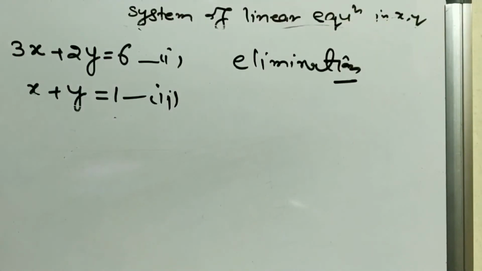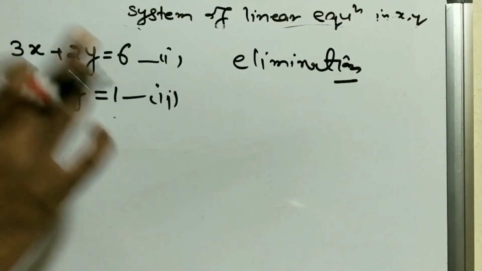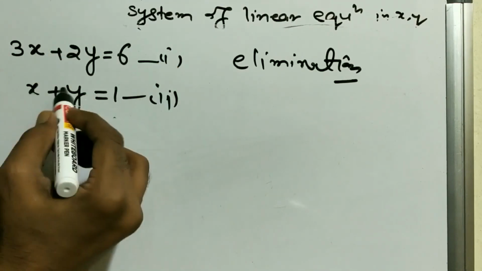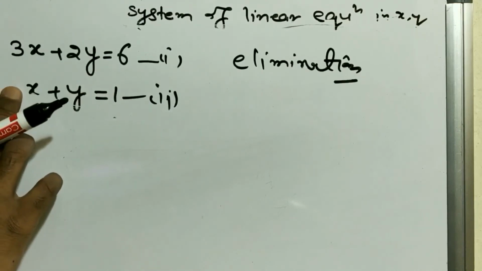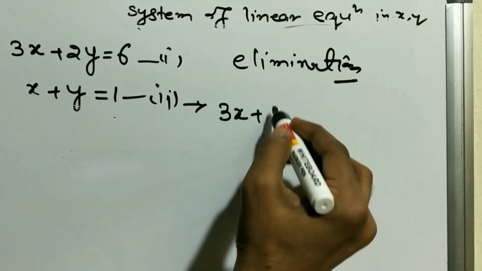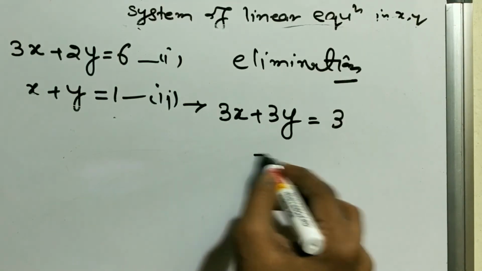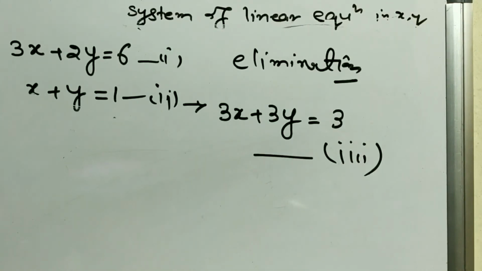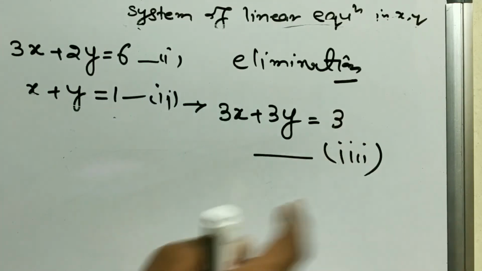Friends, for solving the same set of linear equations by the elimination method, we will equate the coefficient of any one variable at a time. For example, the coefficient of x in the second equation is 1. So we multiply this equation by 3. It becomes 3x plus 3y is equal to 3. Now we can see that the coefficients of x in equation 1 and equation 3 are the same.